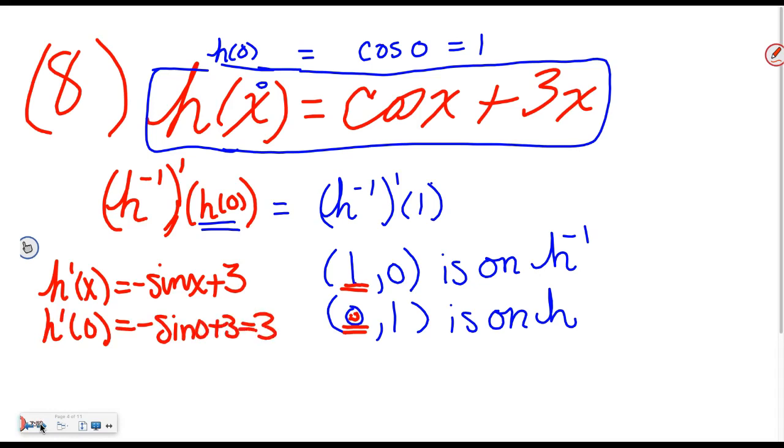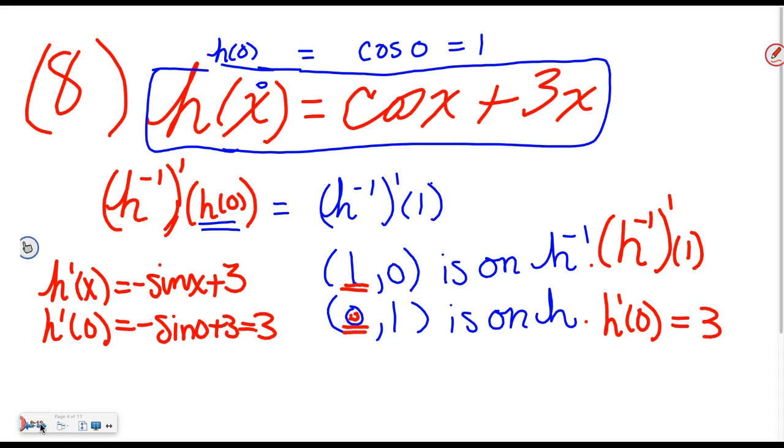So I'm on my original curve, and the slope of the tangent line there is 3. What do I want to know, though? I want to know the slope of the tangent line of the inverse function at its corresponding value. It's 1/3.